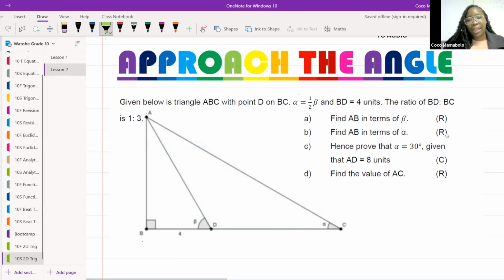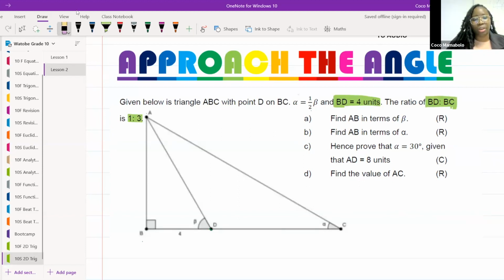They say here that BD is 4 units. And then it says the ratio of BD to BC is 1:3. Now that means a lot more, right?